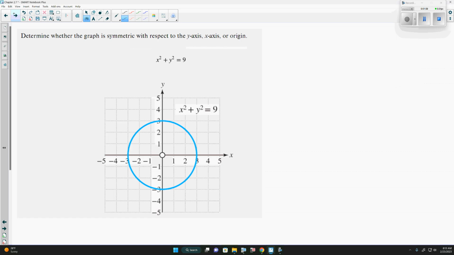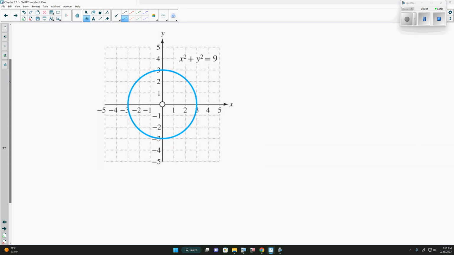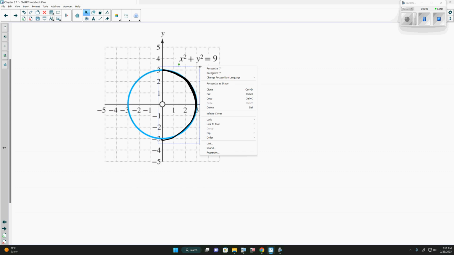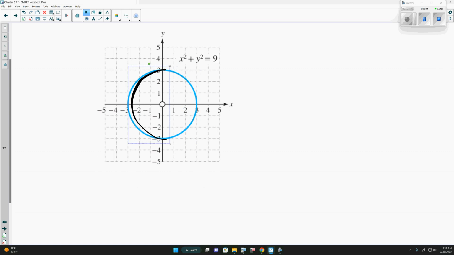If you see a picture of it, and we do have some here, if we took this half of the circle and flipped it across the y-axis, left to right, and lined it back up, we'd have a mirror image. So that's a reflection across the y-axis.